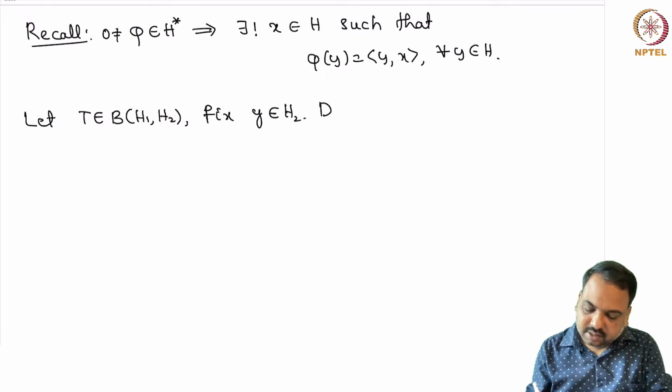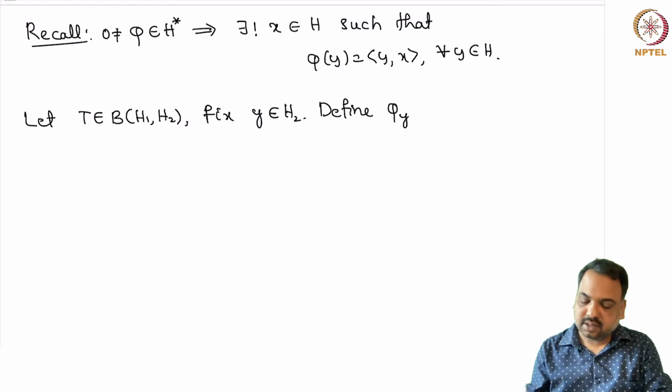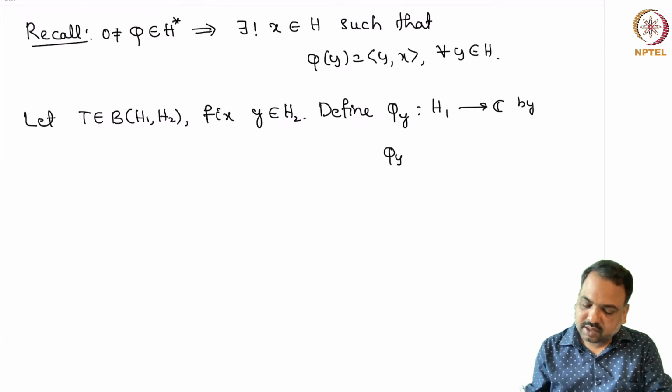Now define a functional depending on y from H1 into C by phi y at x equal to the inner product of Tx with y, for every x in H1.